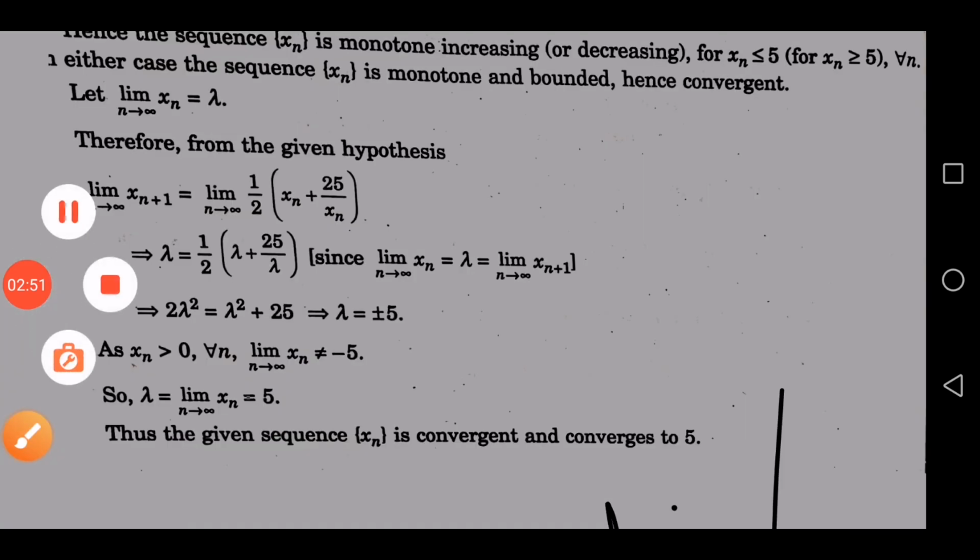Problem number 10. Test for convergence of the sequence x_n where x_n equal to 3n factorial by n factorial cube, whole to the power 1 by n.